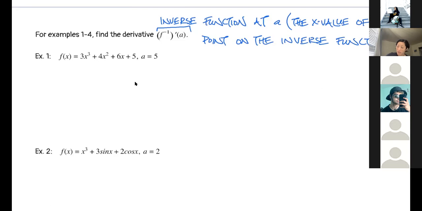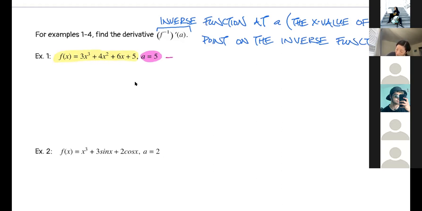Now, the whole reason that we just spent the first part of class exploring this pattern is because sometimes we come across questions where they give us the original function. That's what we have here: f of x equals this long function. And then they give us a point on the inverse function.